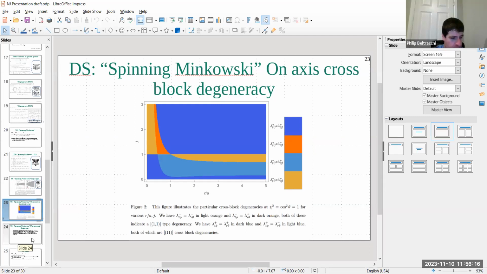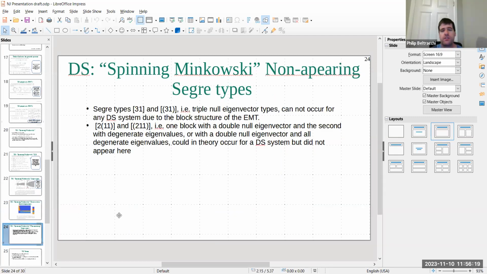There are some Segre types which do not appear in this spinning Minkowski example. Segre types 3, 1 and 3, 1 degenerate would have a triple null eigenvector. This cannot occur for any Drake-Szekeres system because it's incompatible with the block structure.